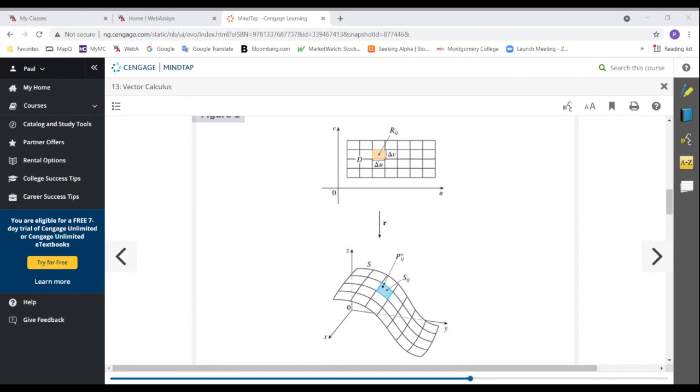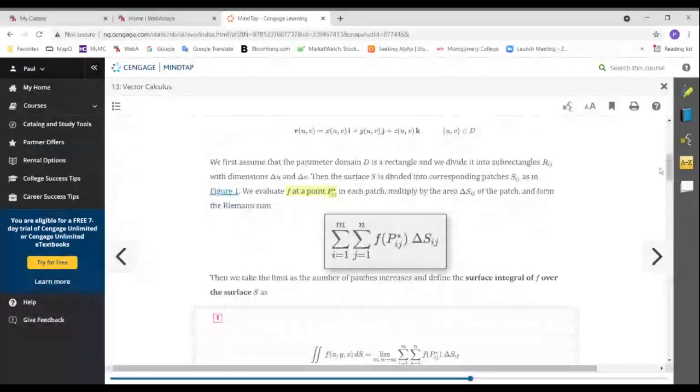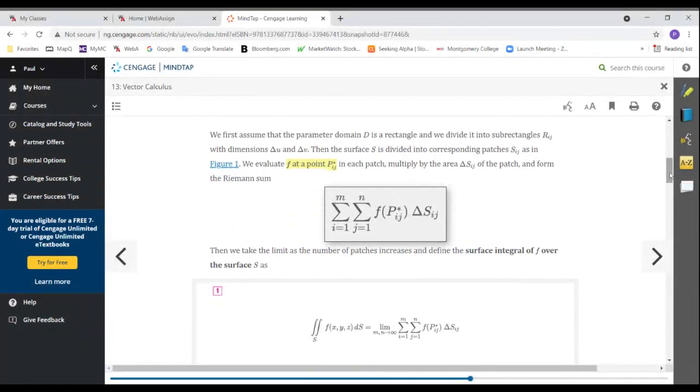Interestingly enough, what we want to do is take the function values and multiply them by the areas of the patches. As we increase the number of coordinates that we evaluate the function at, we multiply each function value by the area of the patch that it's near.